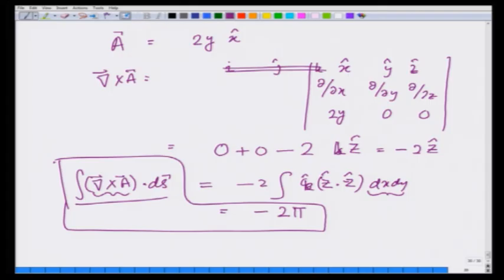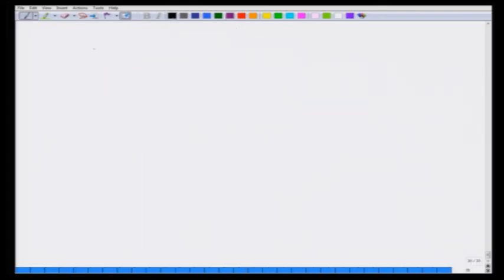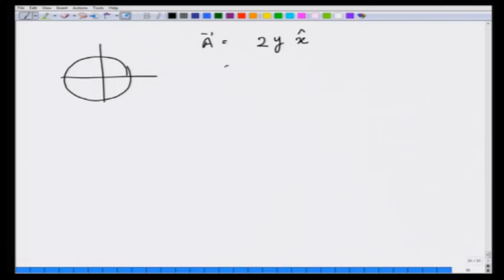Let us now calculate the line integral. For the line integral, I am doing it over a unit circle. A is given to be 2y x, which I can write as 2 sin phi x unit vector.